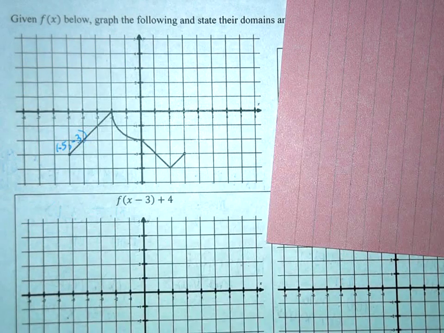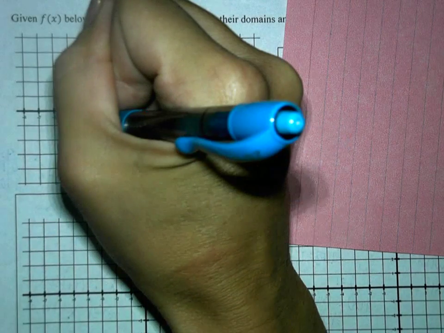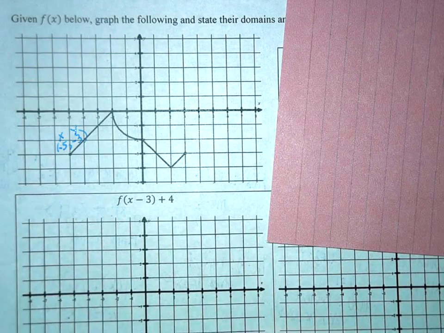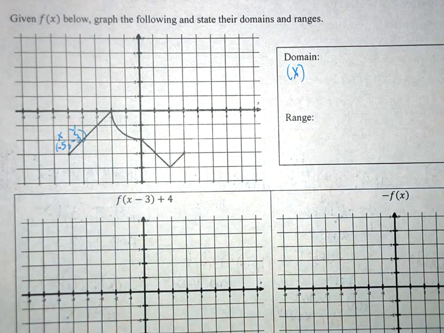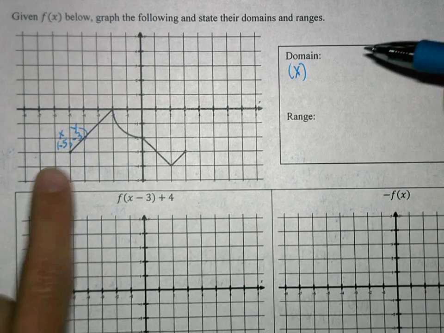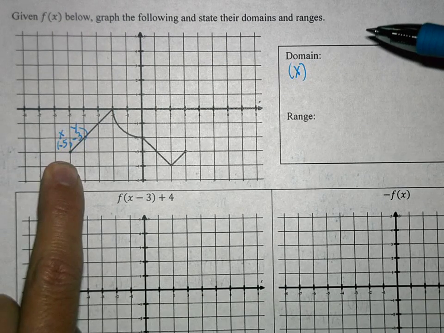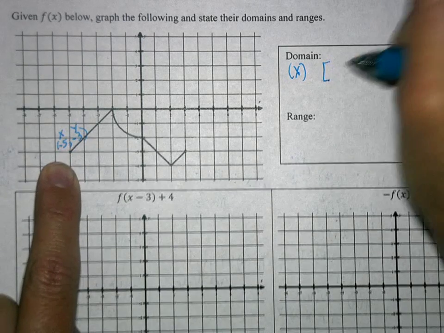Do you guys agree with that? This is my x value, this is my y value. And so if I'm dealing with domain, I am only writing which values? The x. And is there an open circle here? No, so that means we're going to use a bracket for this one, and it's at -5.